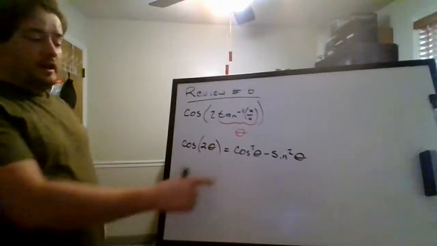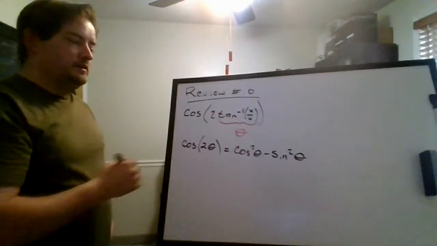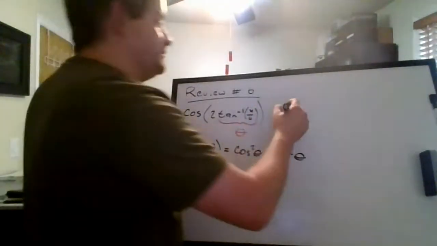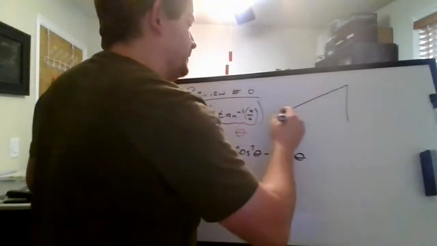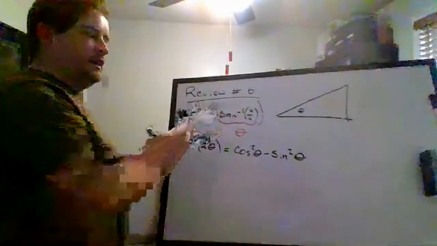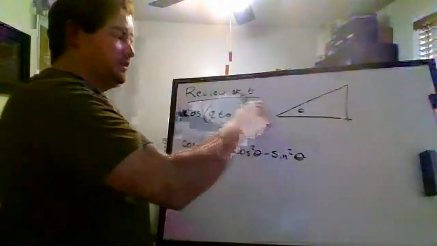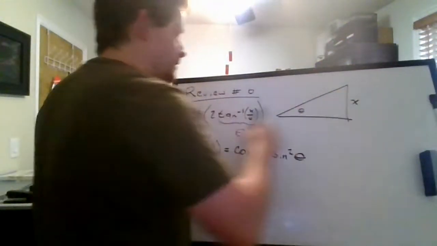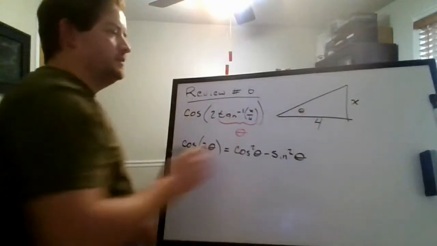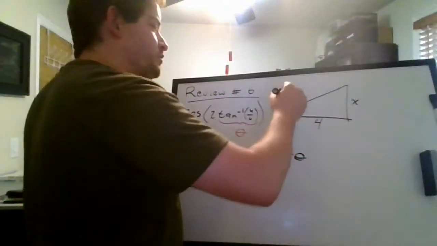Right? What I need to figure out, though, is what cosine of theta and what sine of theta are. So I'm going to create a triangle here. Here's my theta. This theta comes from the fact that tan inverse of x over 4 is theta. That gives me a x value over here and a 4 down there. I have those two sides, and the hypotenuse is the square root of x squared plus 4 squared.